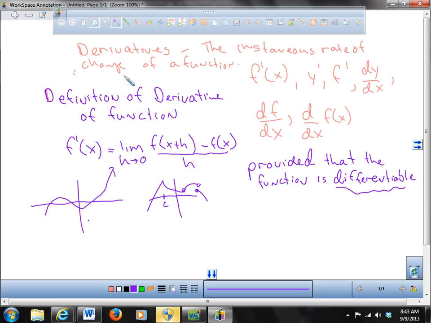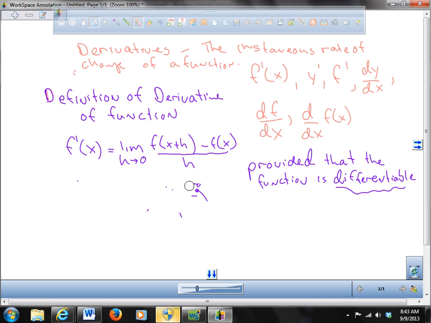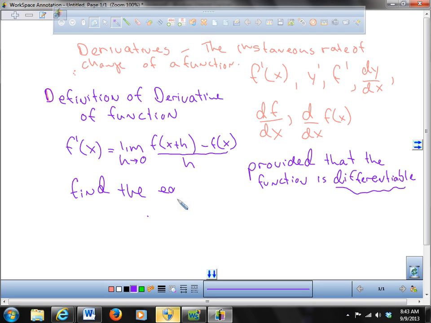Okay? So let's do one that we haven't done before. Let's find the equation of the derivative of y equals x cubed.